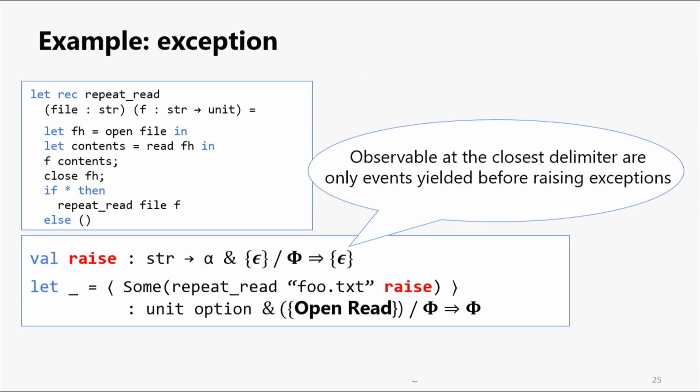And similarly, for an exception raising function, this effect can be provided. This means that the reset, the closest delimiter surrounding the call to this raise function, observes just an empty trace. In other words, observable at the closest delimiters are only events yielded before calling these raise functions.